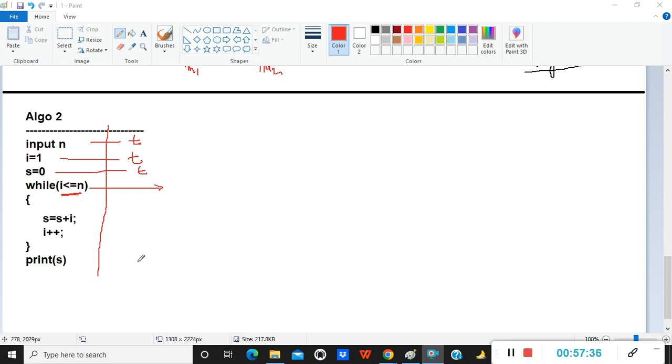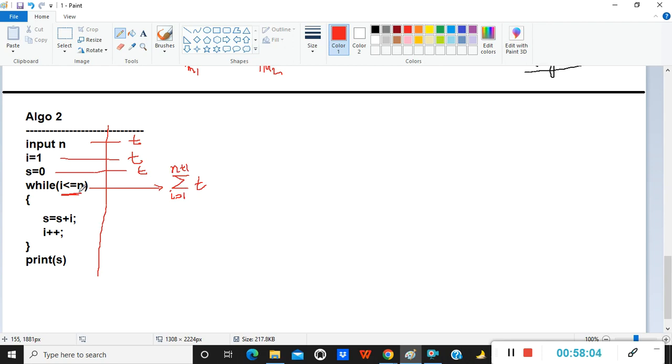I can say that this will be a sum of time, because t is the time taken by one comparison. How many comparisons will there be? The number of comparisons is the sum for I equal to 1 to n plus 1. The formula looks very simple now.